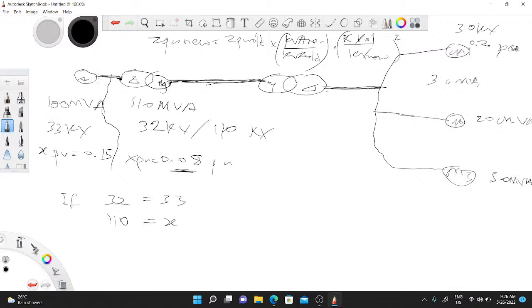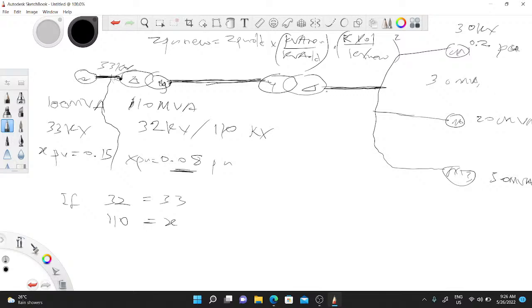Over here we have 33 kilovolts on this line, coming to meet a 32 kilovolts by 110 kilovolts transformer. So if 32 corresponds to 33 here, what does 110 correspond to?